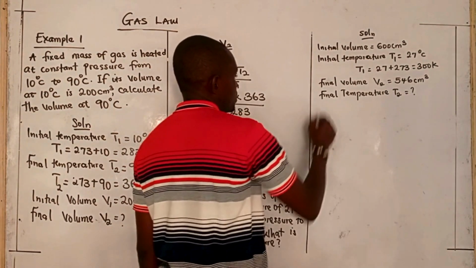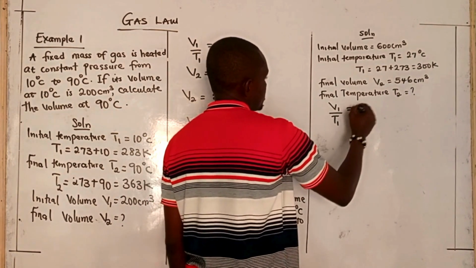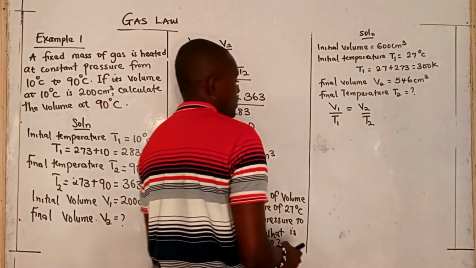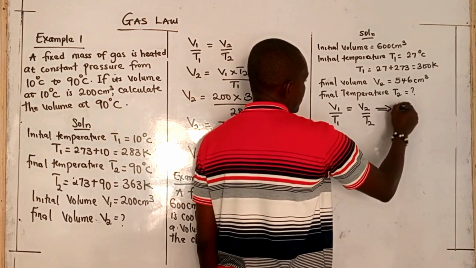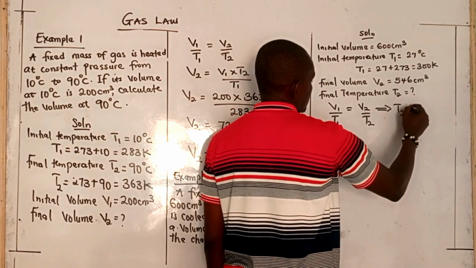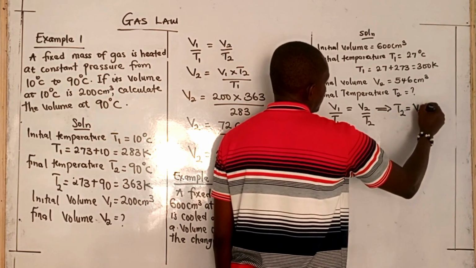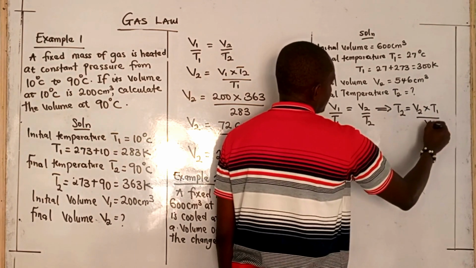Using our relationship, V1 over T1 equals V2 over T2. Making T2 the subject, T2 is equal to V2 times T1 all over V1.